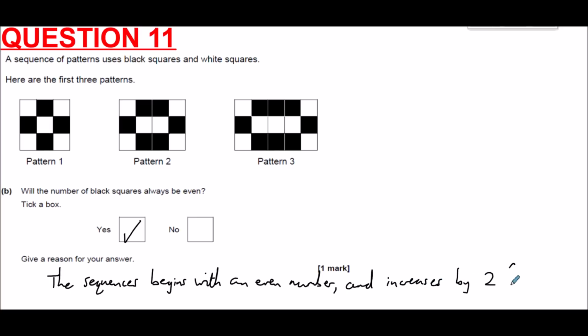And because 2 is also even, the total number of squares will always end up being an even number. The total number of black squares, I mean.